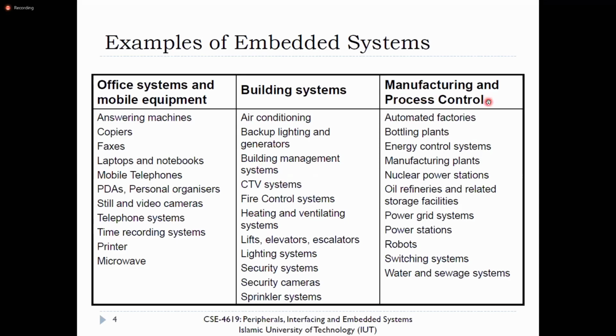Another sector is manufacturing and process control, where mostly robotic solutions or robotic hand solutions are used to conduct the manufacturing and process control, because in most of the factories or manufacturing plants, human handheld work has been removed.